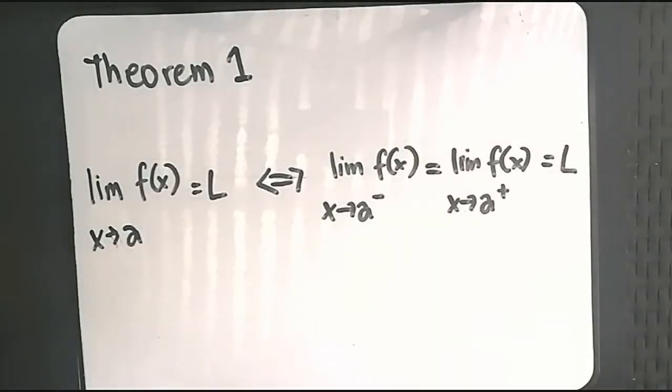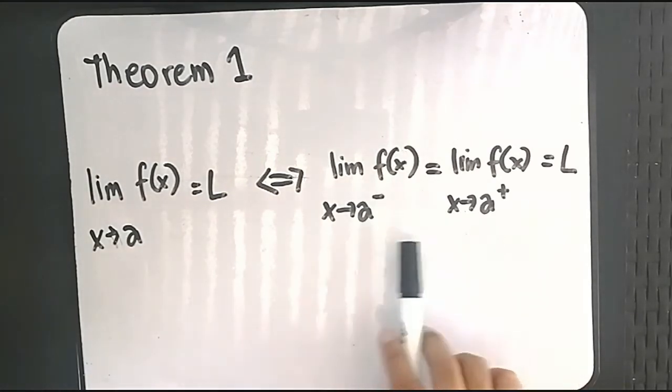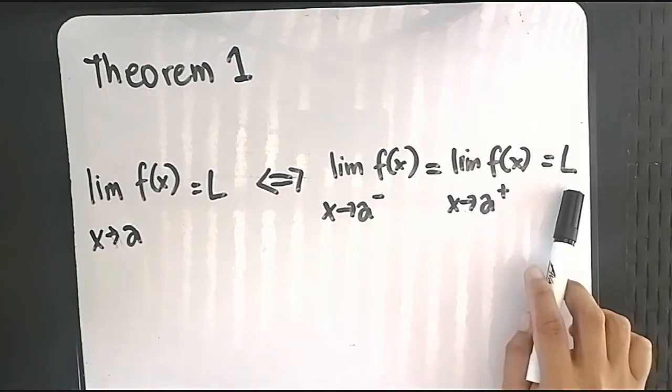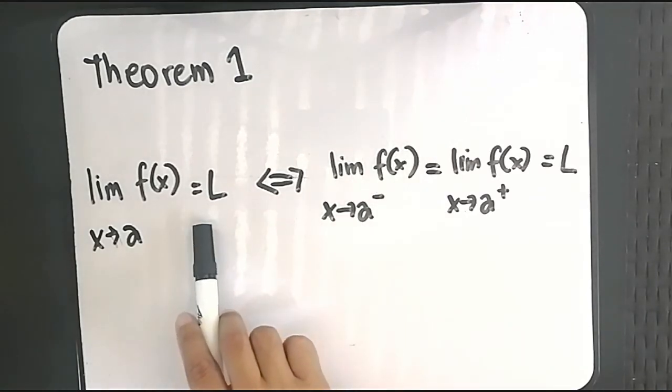So we state now our theorem 1 that the limit of f of x as x approaches a is equal to L if and only if the limit of f of x as x approaches a from the left is equal to the limit of f of x as x approaches a from the right, which is equal to L. Ibig sabihin nito, basta yung left and right limits exist and they are equal to the same number L, then we say that the two-sided limit is actually equal to L.